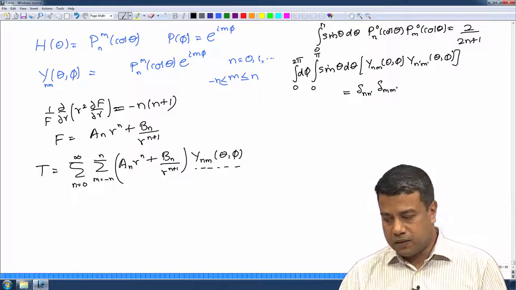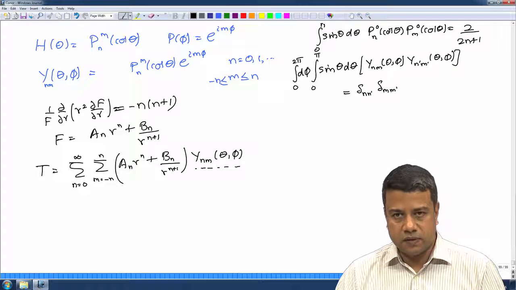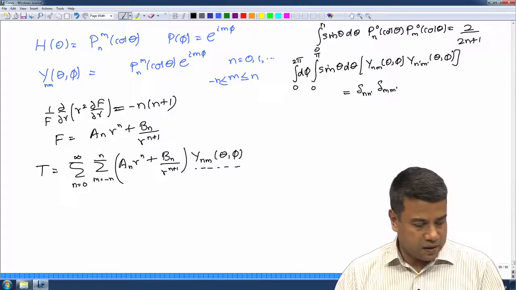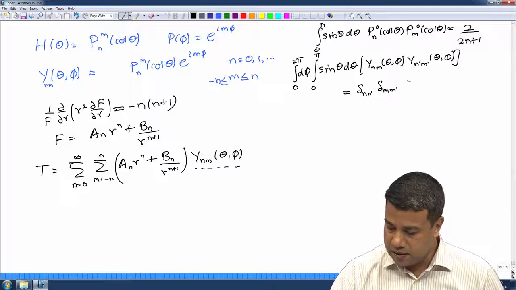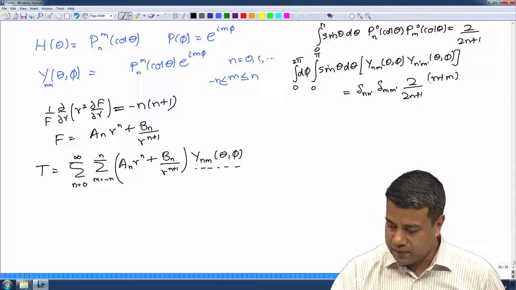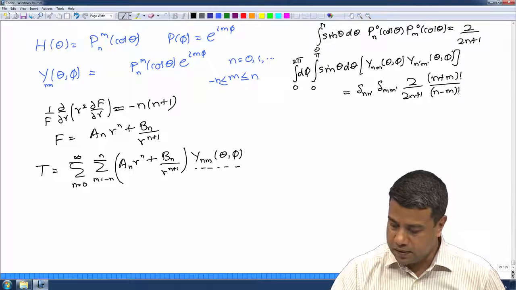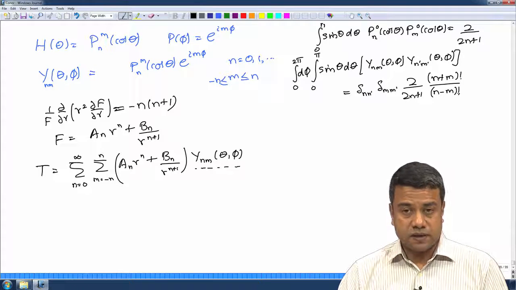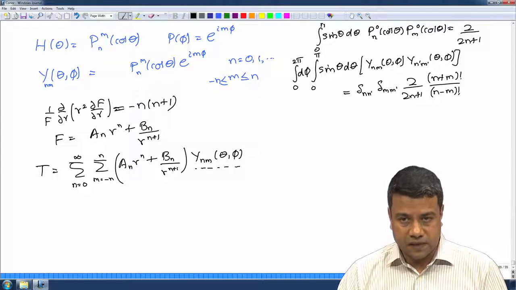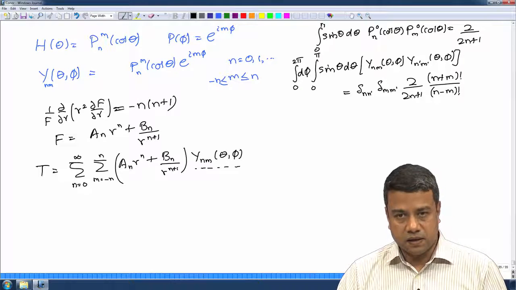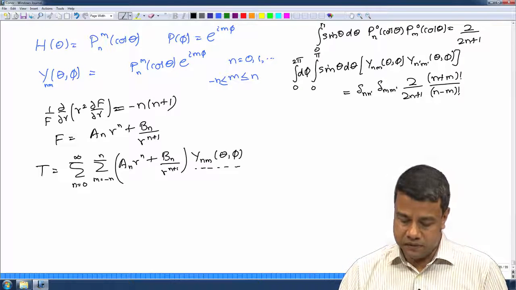Otherwise, it is 0. The value is 2 by 2n plus 1 into n plus m factorial by n minus m factorial. So, each of these spherical harmonics in the theta and phi directions is orthogonal to every other.